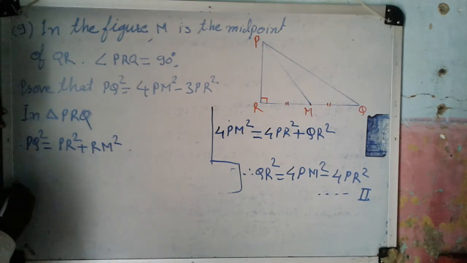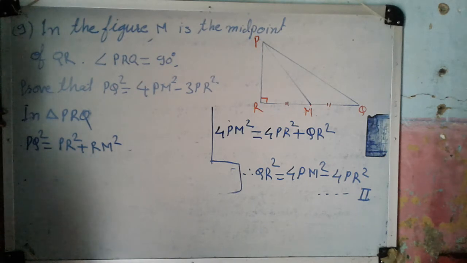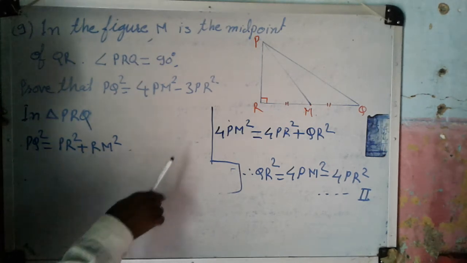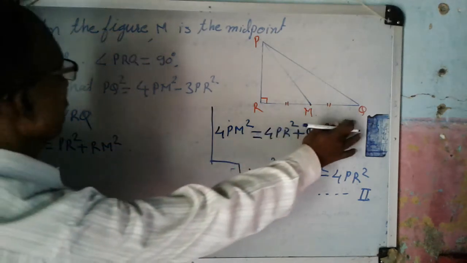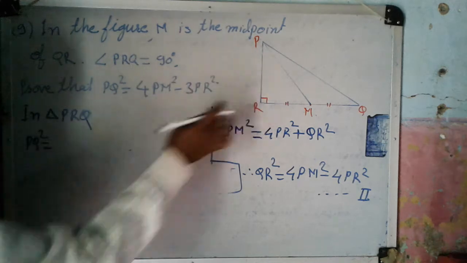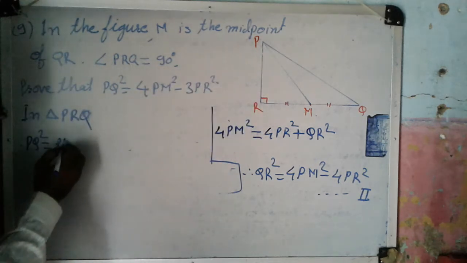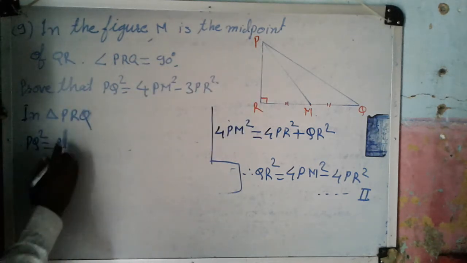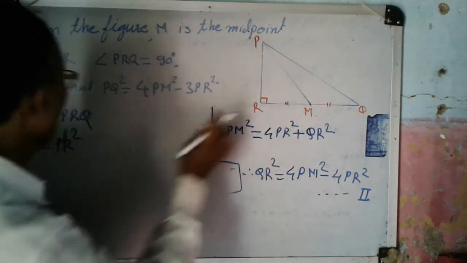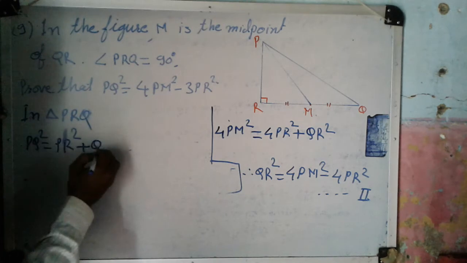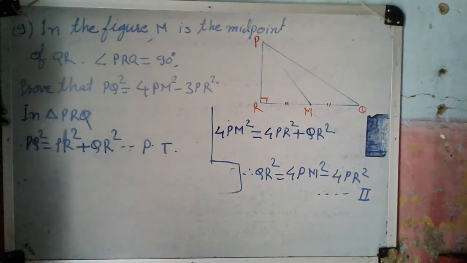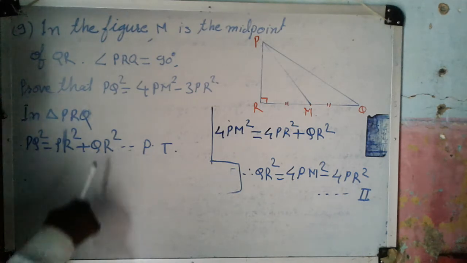Therefore, here QR square, PQ square is equal to PR square plus QR square. Pythagoras Theorem. Now put the values of QR here.